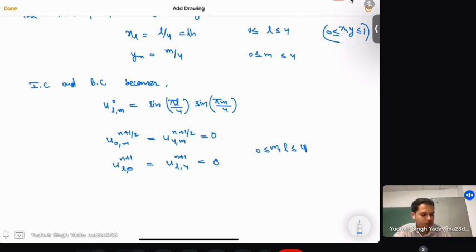And the step size is 1 by 4, where the total number of points is 5, namely 0, 1, 2, 3, and 4.